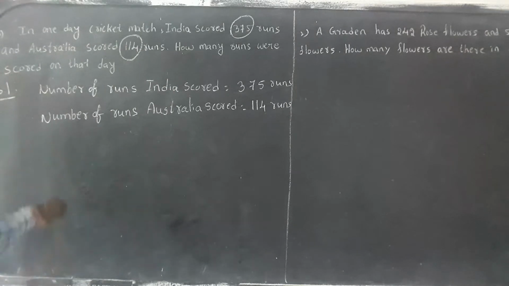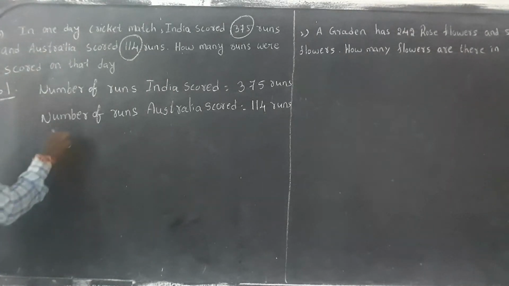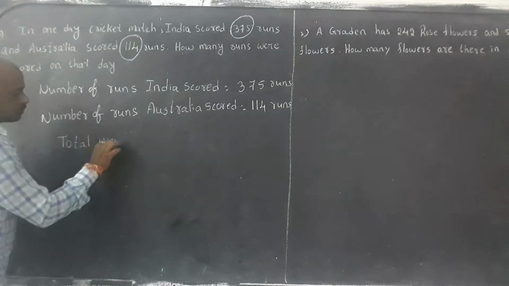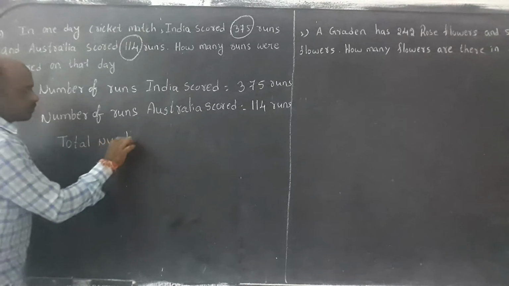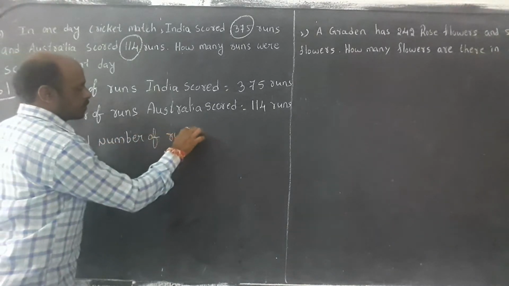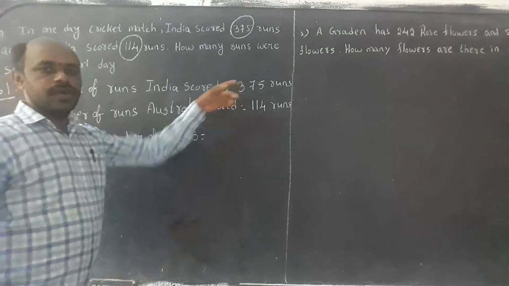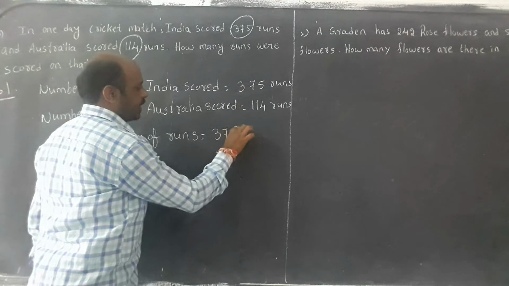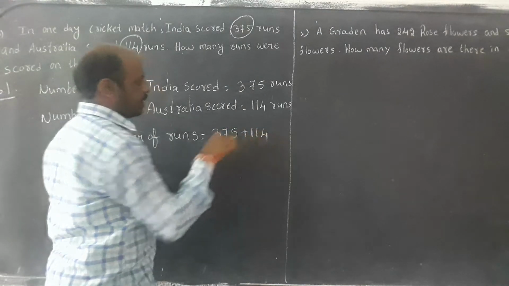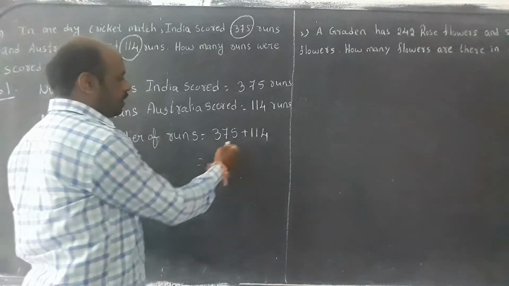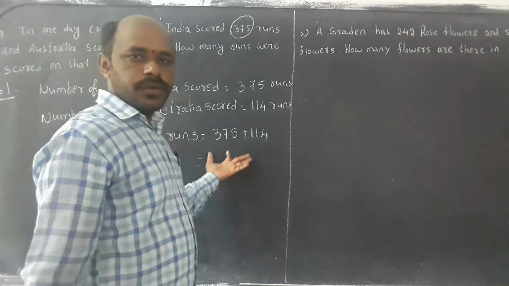Total number of runs. How to write total? Both together is asked, that's why we have to write total number of runs. We have to add 375 plus 114. You can add vertically or horizontally.